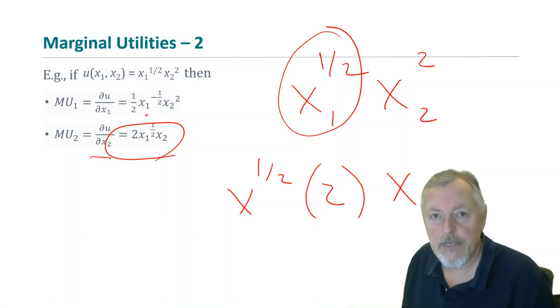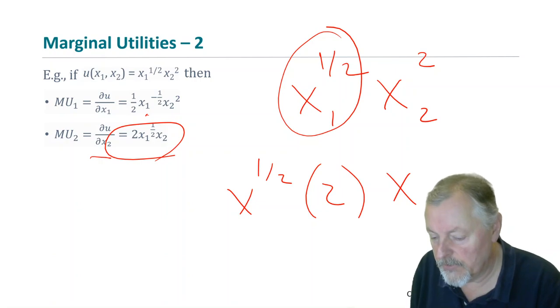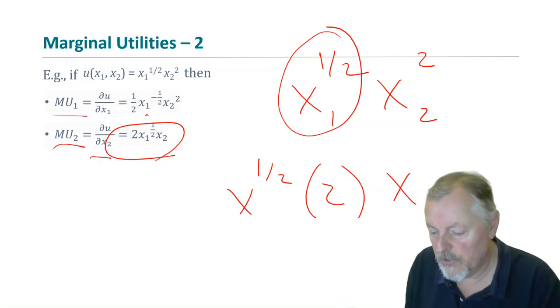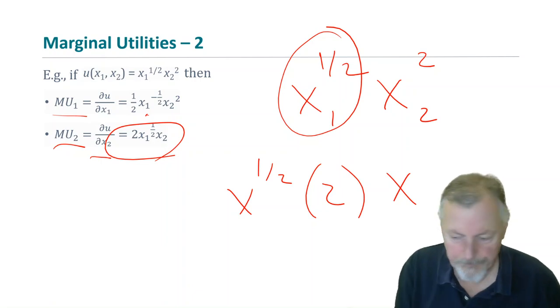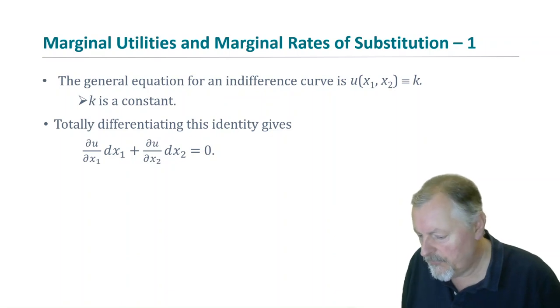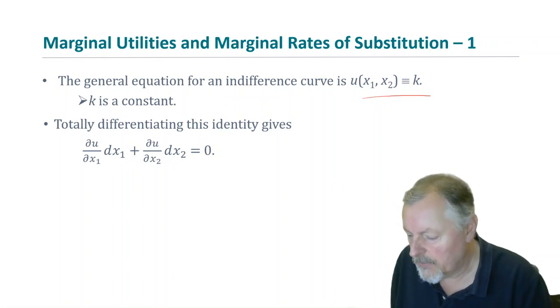Okay, so that's how you take the partial derivative to calculate the marginal utility of commodity 1 and the marginal utility of commodity 2. The general form for an indifference curve is this, where k is a constant.